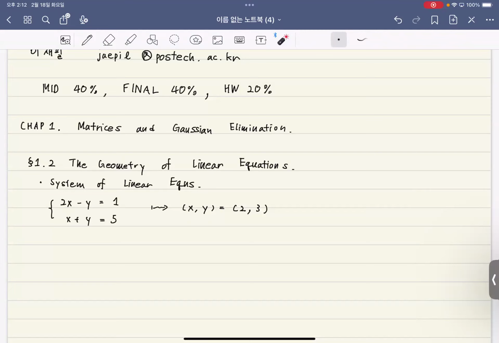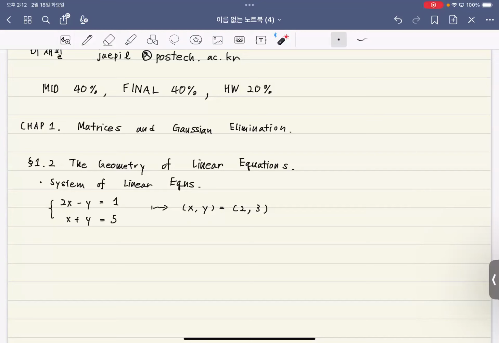And finding a solution of the system of equations, especially in this case, I have 2 unknowns and 2 equations. Professor Strang tries to introduce 2 different geometric viewpoints regarding systems of linear equations.